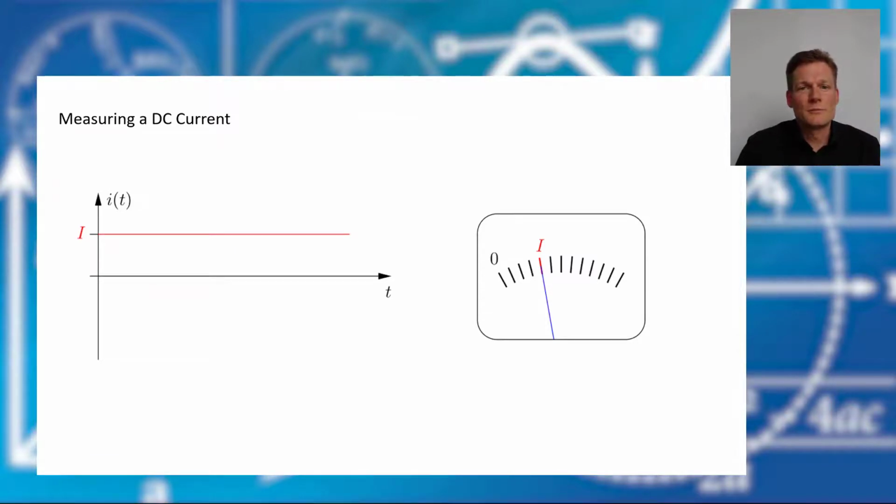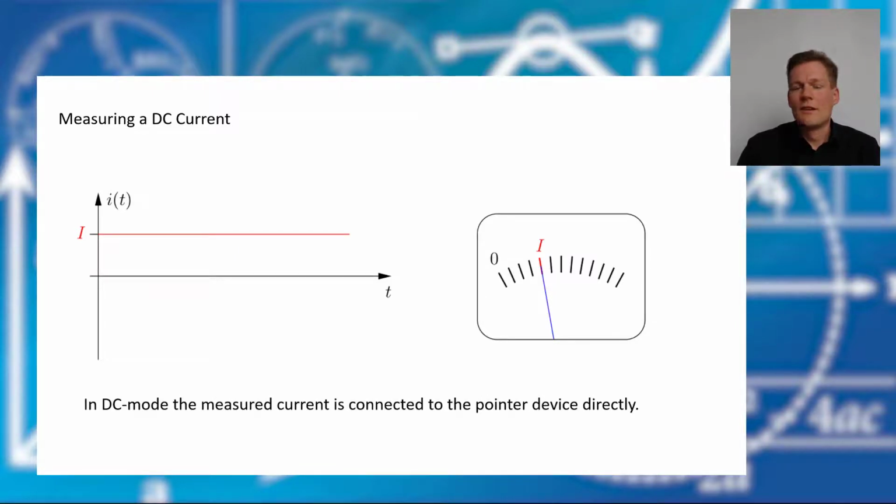And therefore we can directly read the value of the current from our device. So, that means that in DC measurement mode, the external current is directly connected to the pointer device, or we have additional resistors, you remember from our lecture about measurement devices.